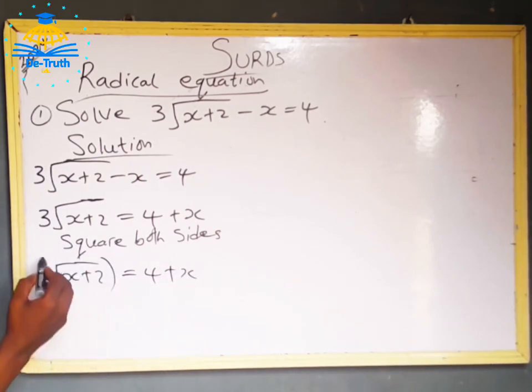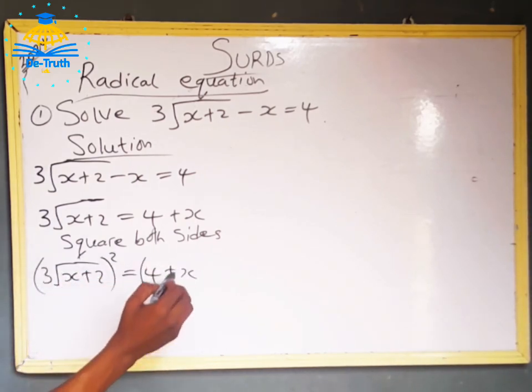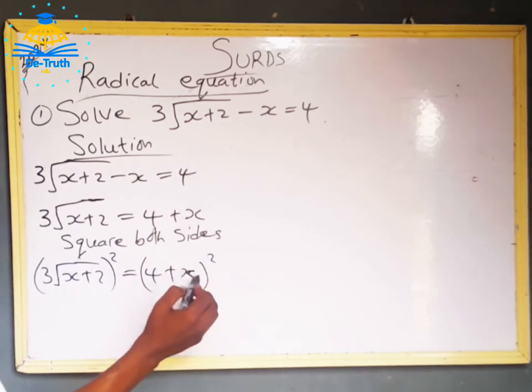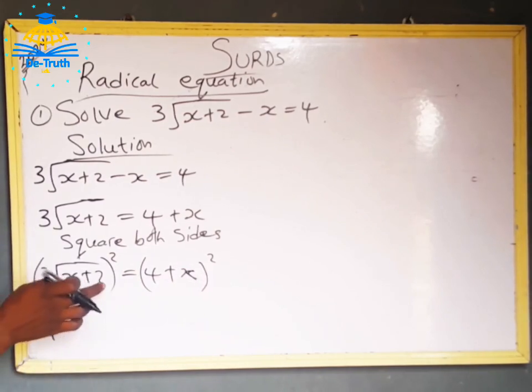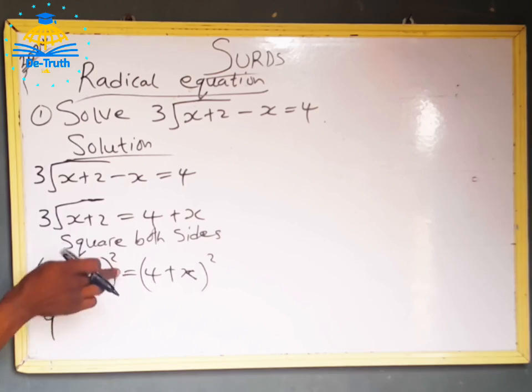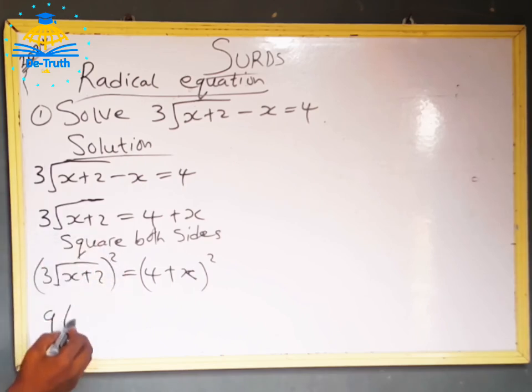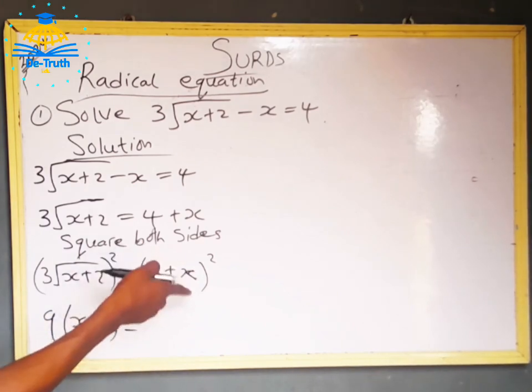So we square this, and square this also. 3 squared gives us 9. Then root x plus 2 squared, the root is going to cancel the square. That is times x plus 2 equal to 4 plus x squared.